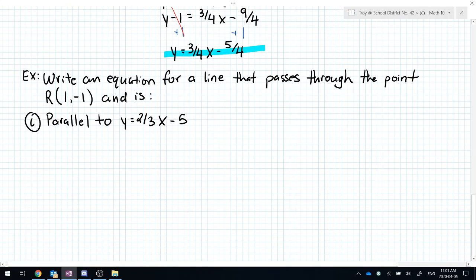All right, so we need an equation for a line that passes through the point 1, -1, and is also parallel to the line y equals 2/3 x minus 5.